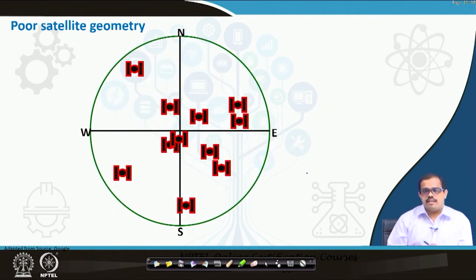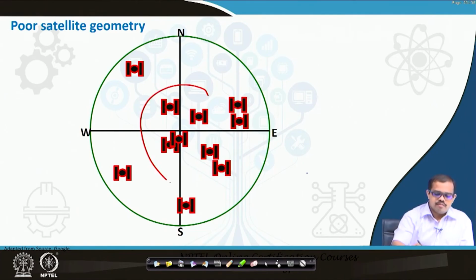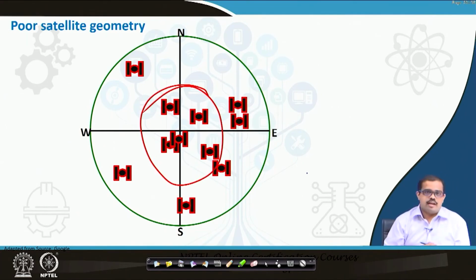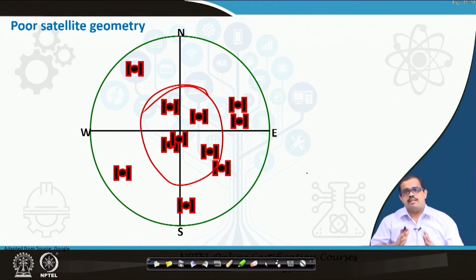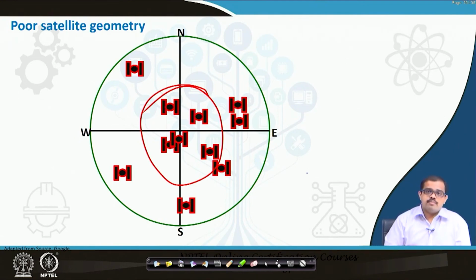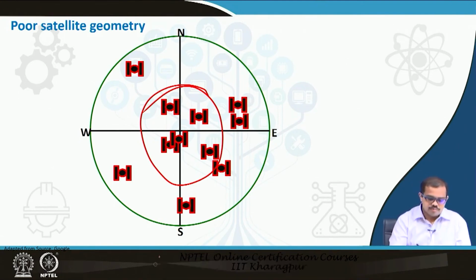It has a very poor satellite geometry, where there will be many satellites in the inner circle, and the outer circle will have many more satellites, and these have crisscrossing signals, which means it is actually inducing error by itself, and the measurement error, the distance error, creeps in at every point on the Earth's surface. So if you have something like this, then it shows a poor satellite geometry.